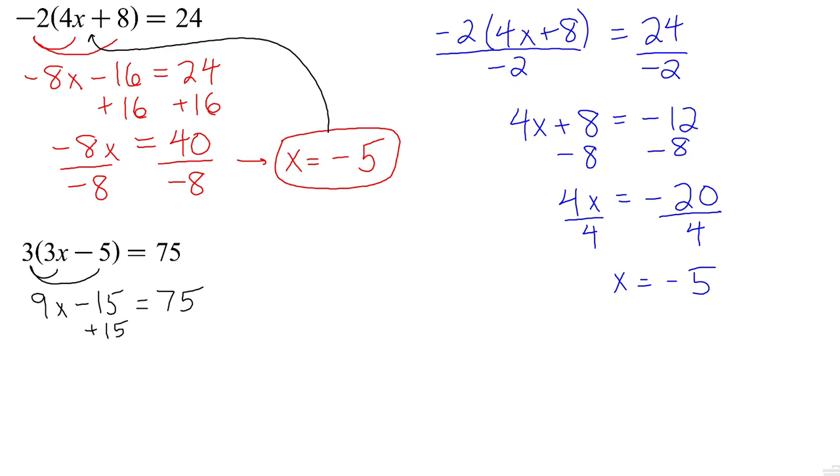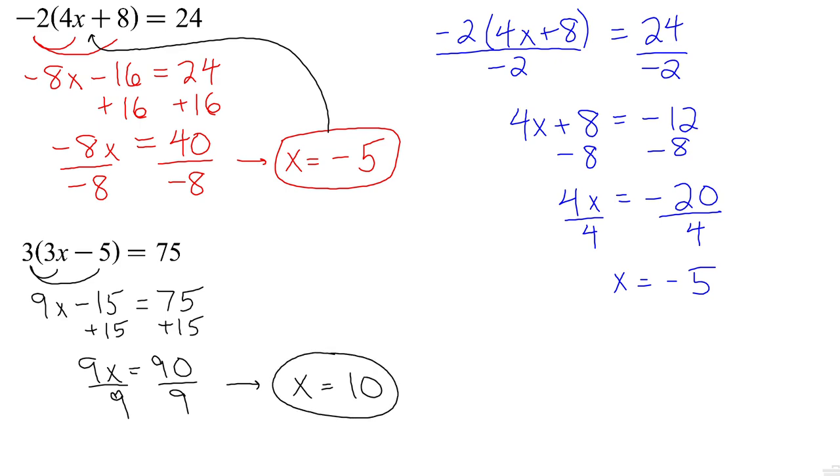When we add 15 to both sides, we get 9x equals 90. Okay? And then we'll just divide by that coefficient of 9, giving us x equals 90 divided by 9, which is just 10.